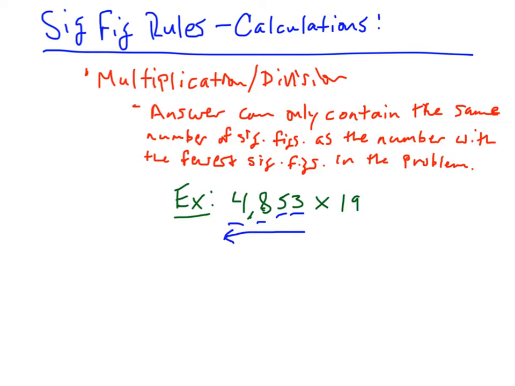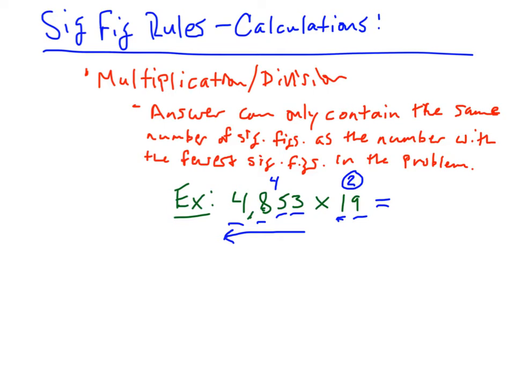How many sig figs does 19 have? Good, 2 sig figs. Since 19 has 2 sig figs and 4,853 has 4 sig figs, our answer is only allowed to have 2 significant digits because that's the number with the smallest amount of sig figs.